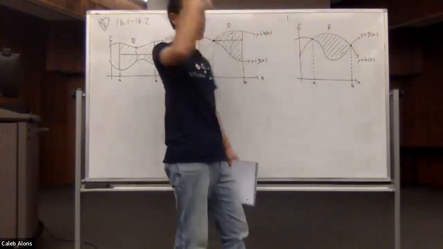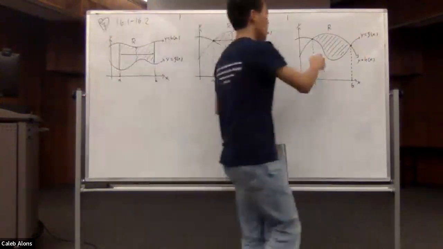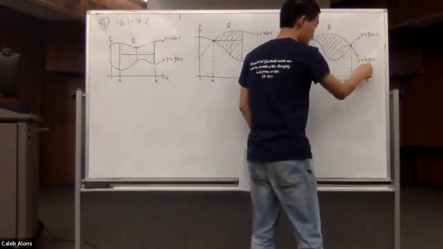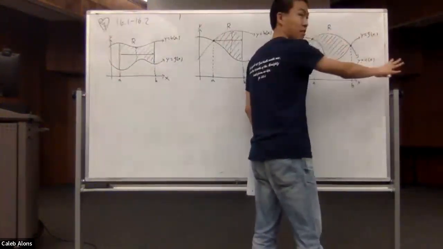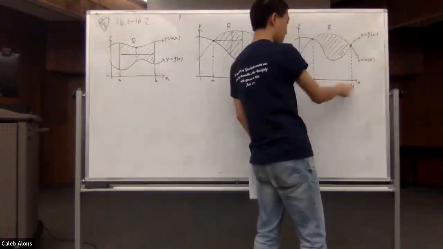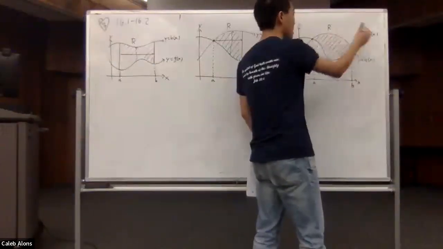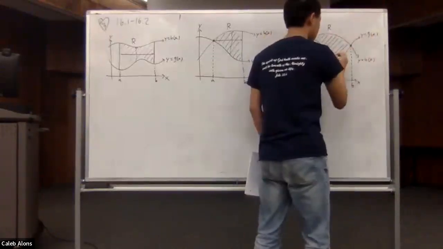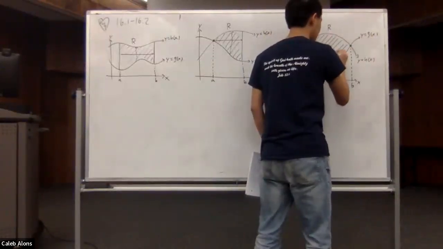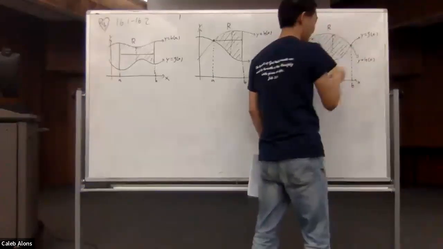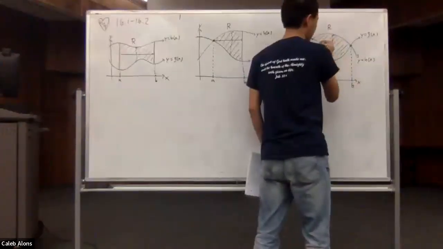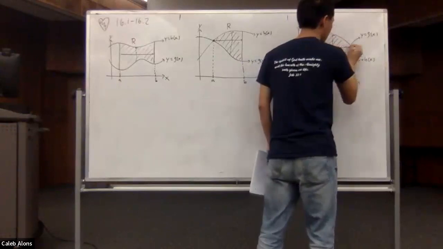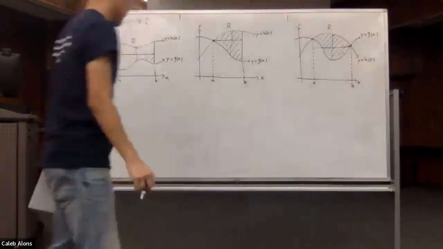In this context, h looks lower than g outside of our interval, but inside from a to b for our region specifically, the bottom part of the curve is actually coming from g. So we would still integrate g to h, and then across, a to b.